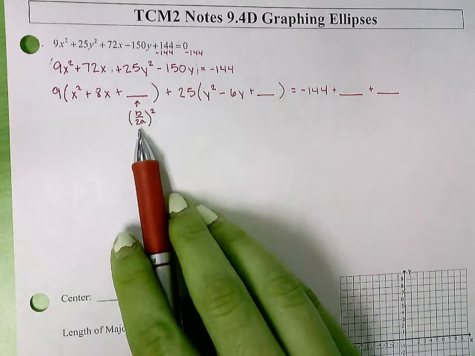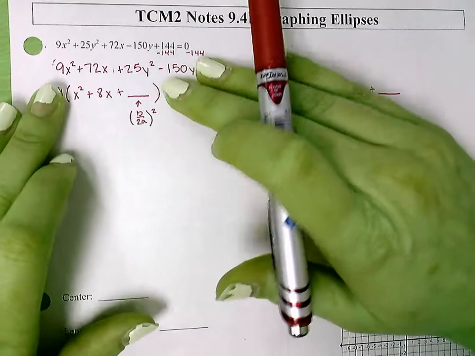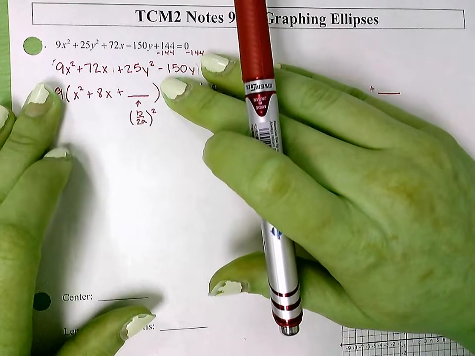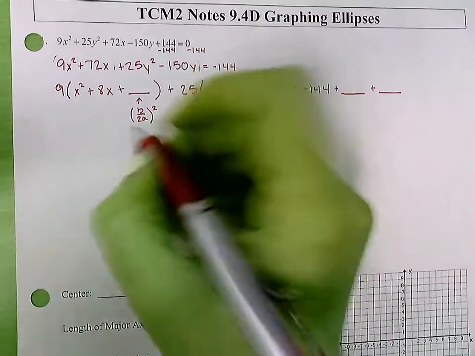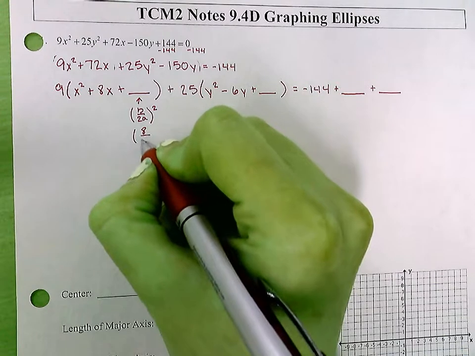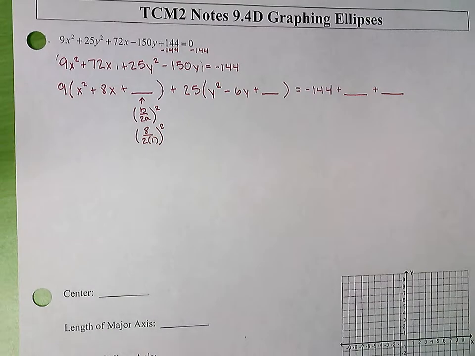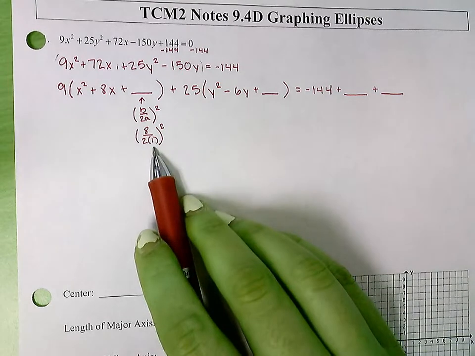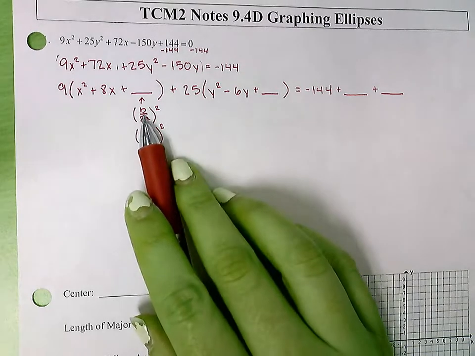Now when we're using this, we're only looking at what's in the parentheses. So our b value in this case would be 8. So we have 8 over 2, and your a value should be 1 when you're completing the square.